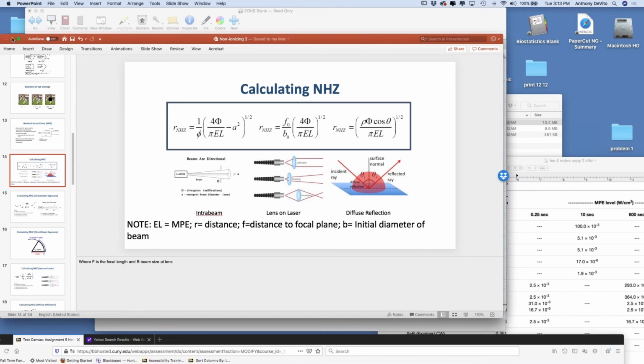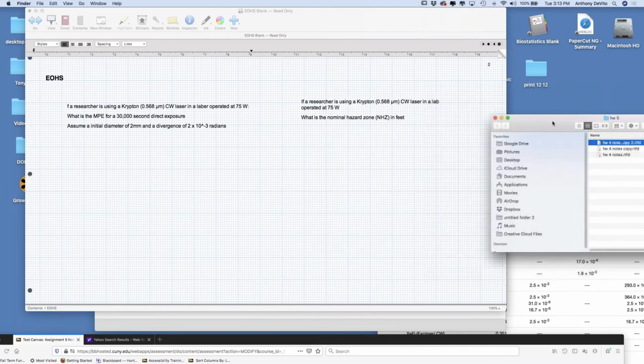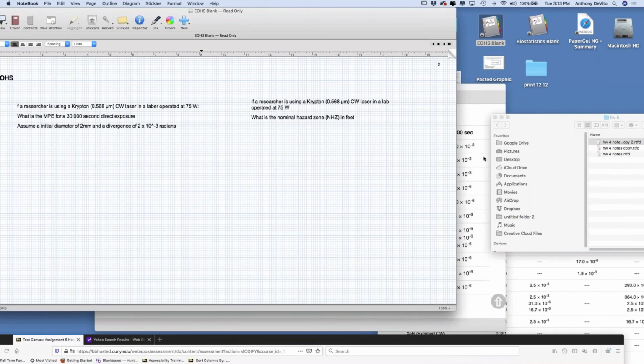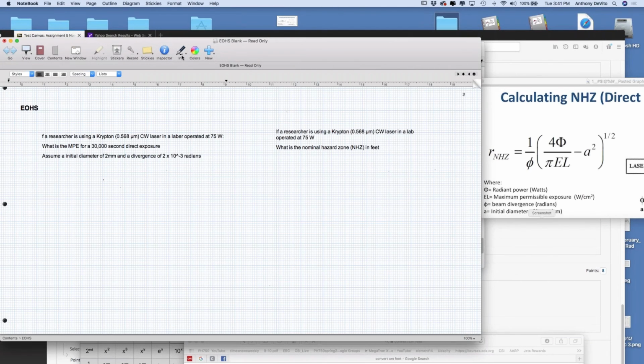So let me get rid of this so we can see. And I think I have this formula in a form where we can see it a little easier. Hopefully your calculations are going to come out the same as mine. Our hazardous zone is going to be equal to 1 over the beam divergence in radius.